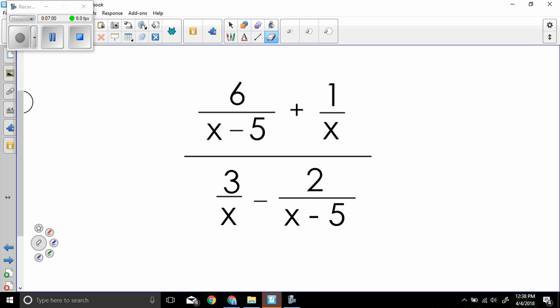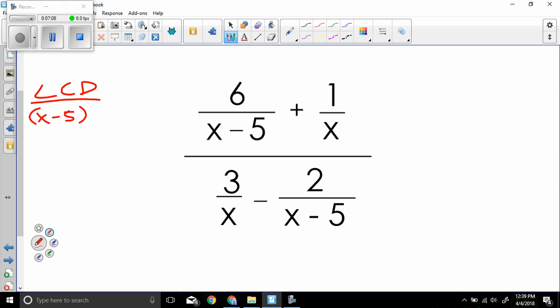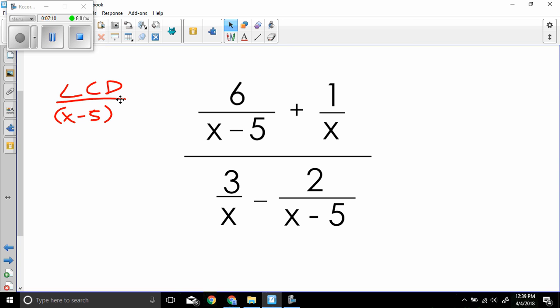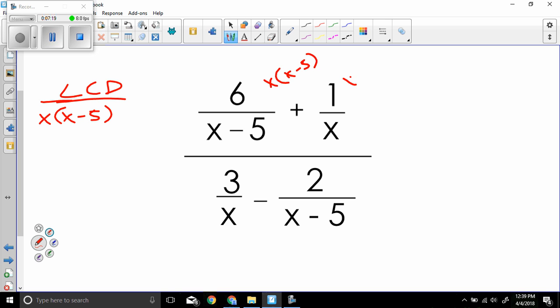What's in the bottom? Well, I'd have x minus 5, and then just an x. And then an x. So x times x minus 5. That means I need to take x times x minus 5 and multiply it times every single fraction.